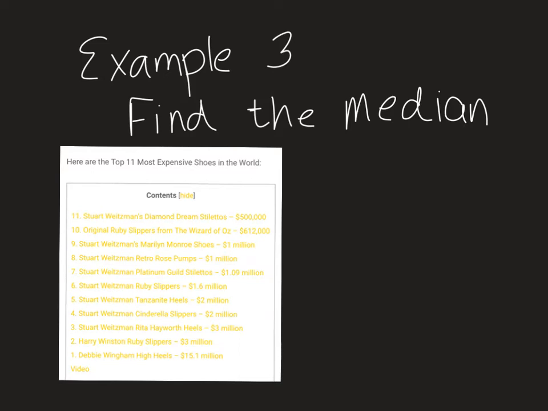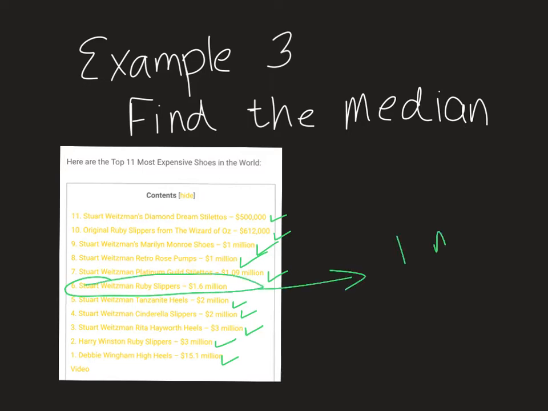So this time, step 1, order from least to greatest. This is already in order from least to greatest, which is great. So I'm just going to count and see how many I've got. I've got 1, 2, 3, 4, and 5, and 1, 2, 3, 4, and 5, which means that this time I have just one middle number.